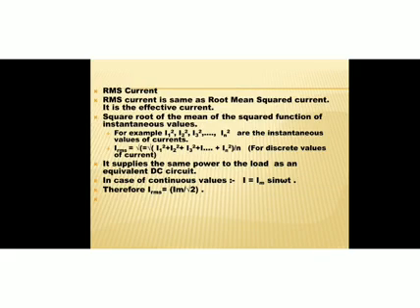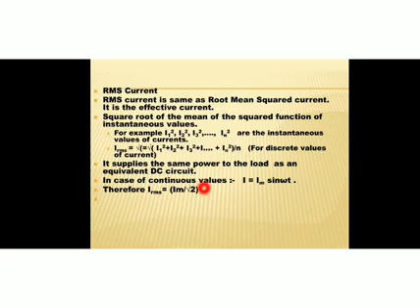Now what is RMS current? RMS current can also be found using the same procedure. If the current values are discrete, you should use the square root of the mean of squares of current.